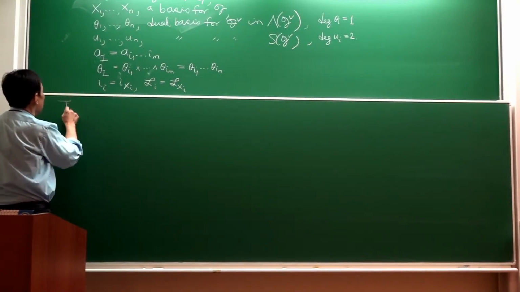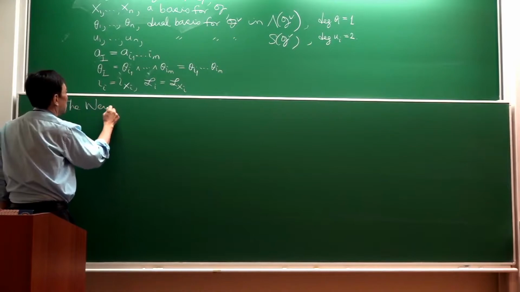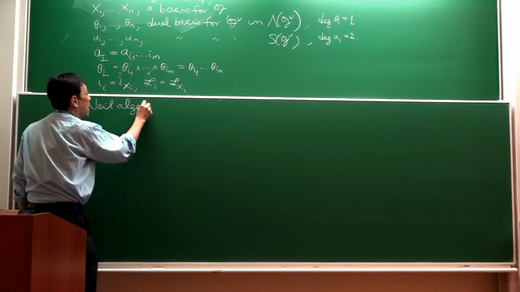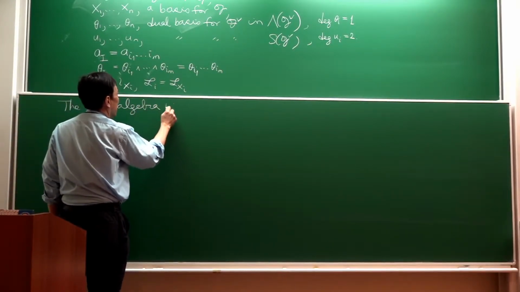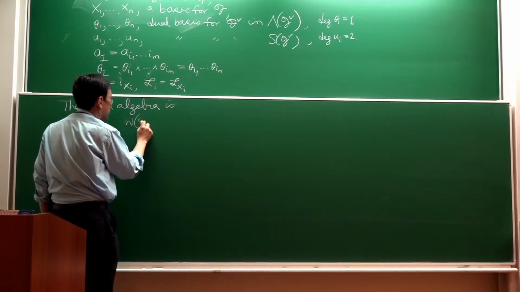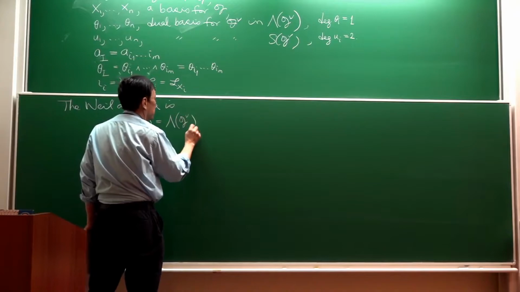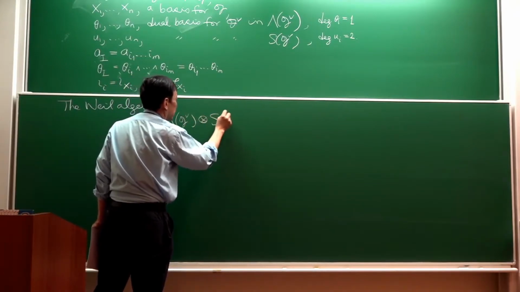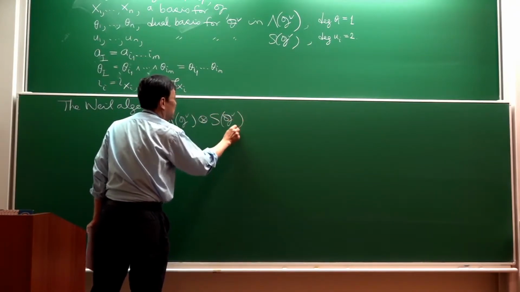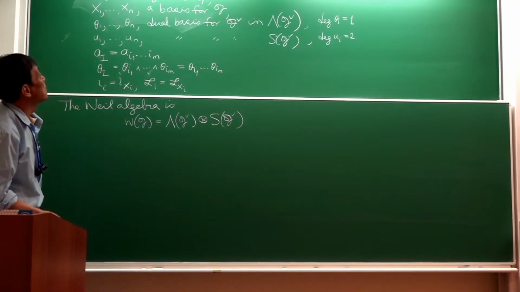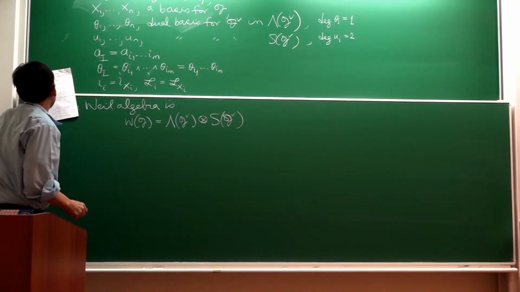And the Weil algebra of the Lie algebra is the exterior algebra of the dual tensor with the symmetric algebra of the dual. Okay?